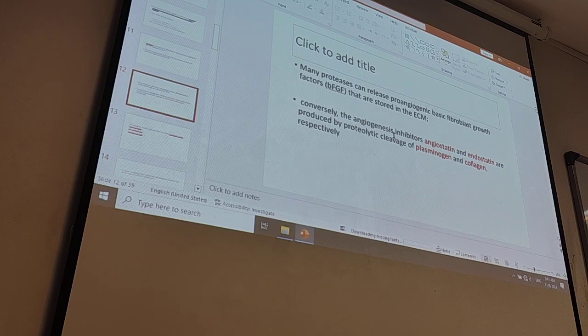Conversely, the angiogenesis inhibitors like angiostatin and endostatin, these two factors are anti-angiogenic factors, produced by cleavage of plasminogen and collagen respectively. It means that by cleavage of plasminogen the cells can make angiostatin, and by cleavage of some specific type of collagen we have endostatin, and these are anti-angiogenic factors.